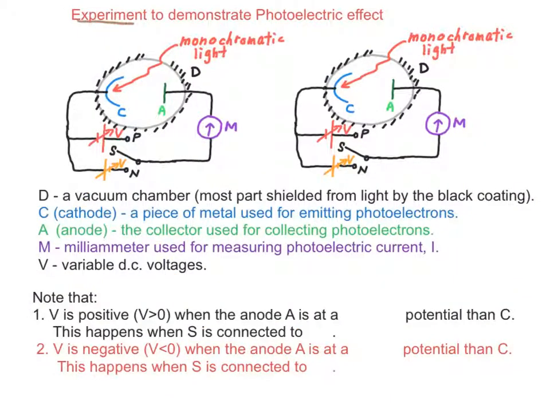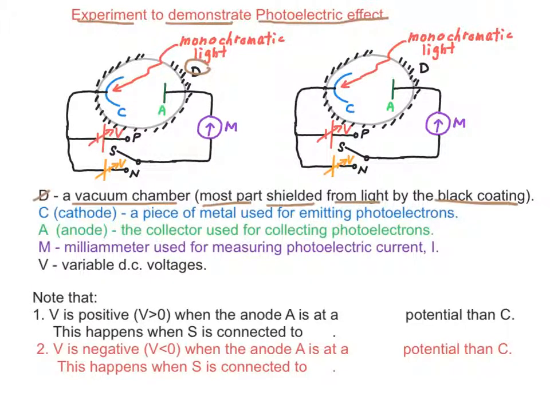The experiment to demonstrate the photoelectric effect. In the figure, we have D. Inside D, it is a vacuum chamber. Most of the vacuum chamber is shielded from light by black coating.